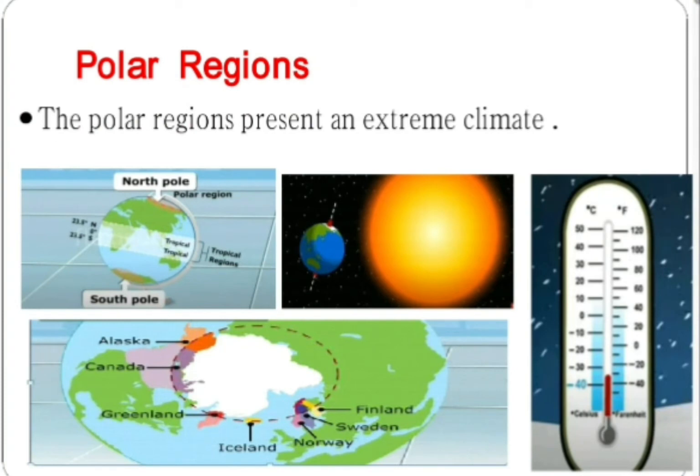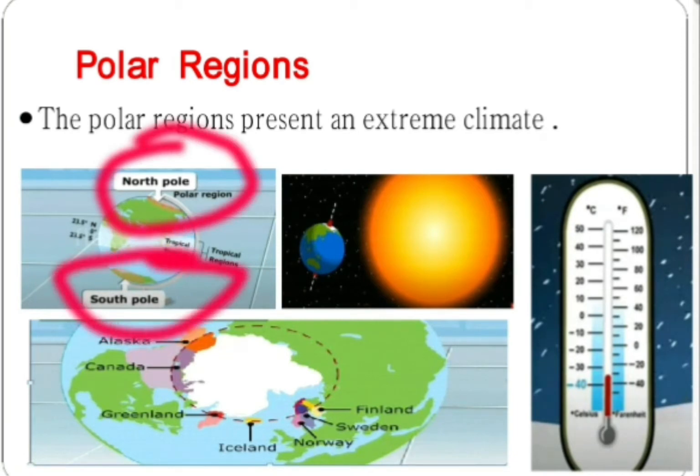The polar regions are situated near the poles, north and south pole. Polar regions present an extreme climate.